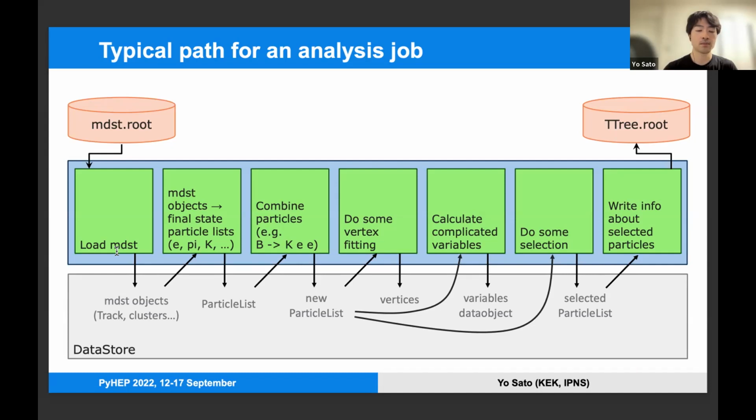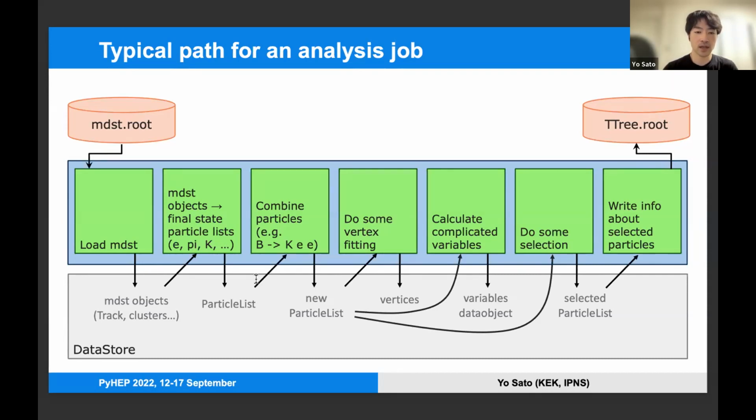So in this example, firstly the module to load the MDST is called, then the MDST object is stored in the data store. Then the second module processes the MDST object to provide the final state particle list, like electron, pion, and kaon.